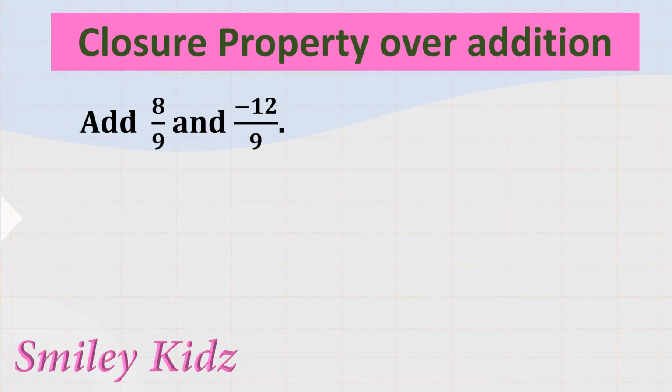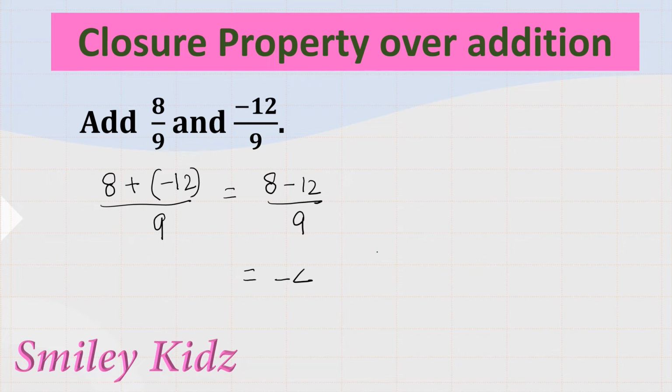So first let's add it. 8 plus minus 12 by 9, which is equal to 8 minus 12 by 9, which is equal to minus 4 by 9. 8 minus 12 is minus 4, which will be equal to minus 4 by 9.